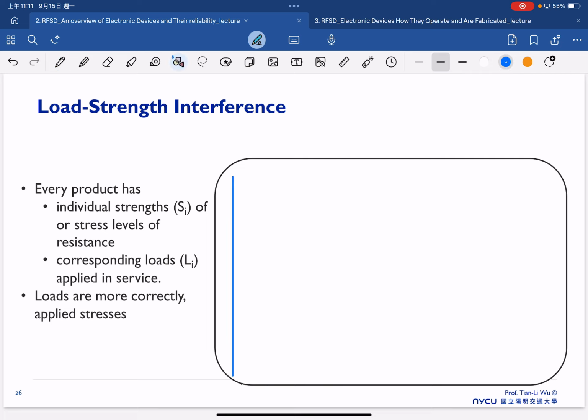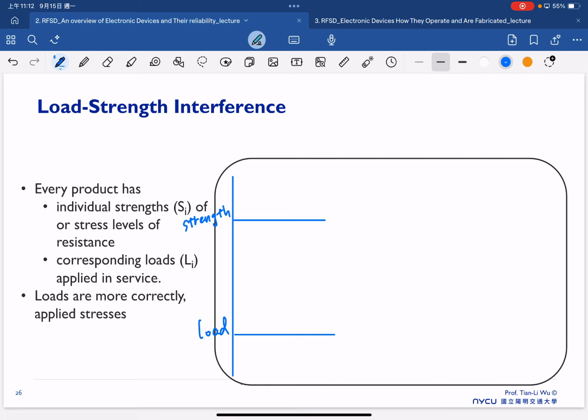For one kind of semiconductor product, the top one we can consider as the strength, and the bottom one we can consider as the load.